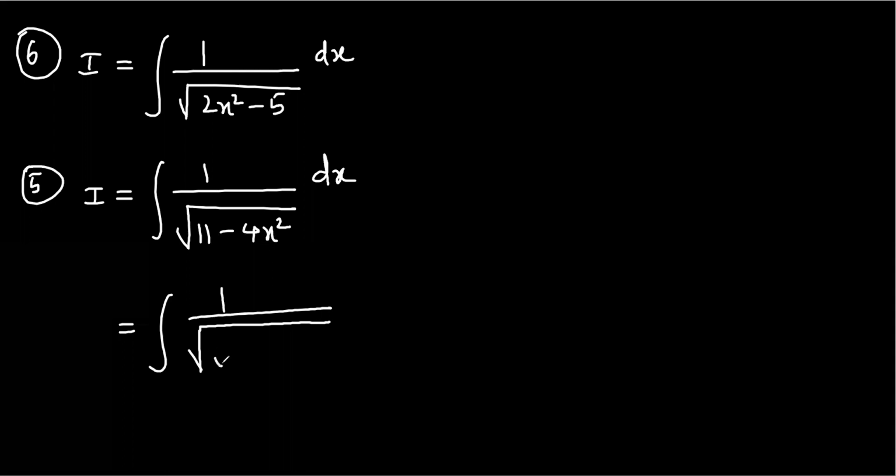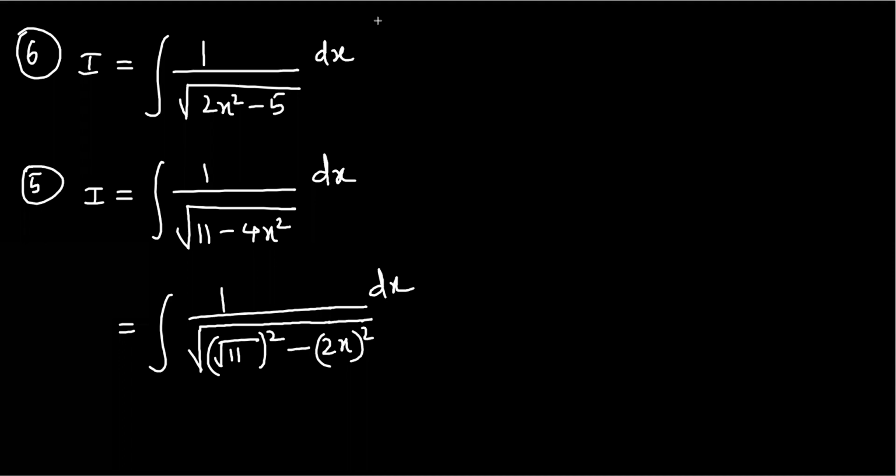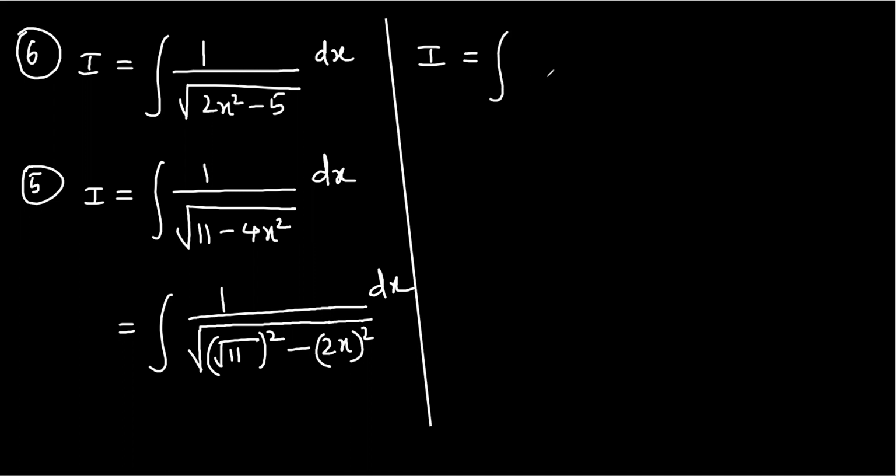I will write this as root of 11 square minus 2x the whole square, and dx. Then here I shall get I equals to, now this is in the form constant square minus variable square.